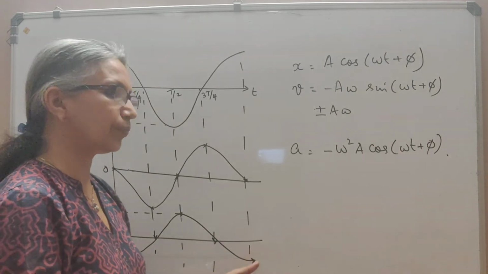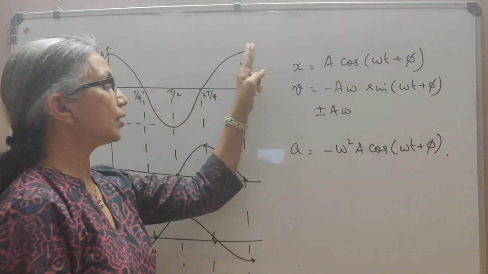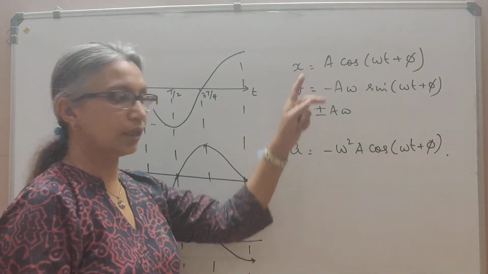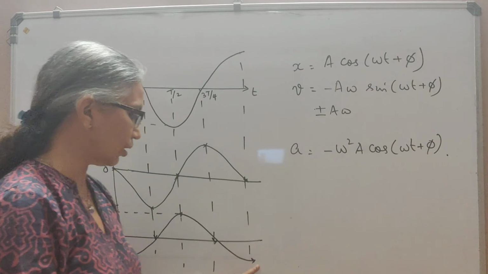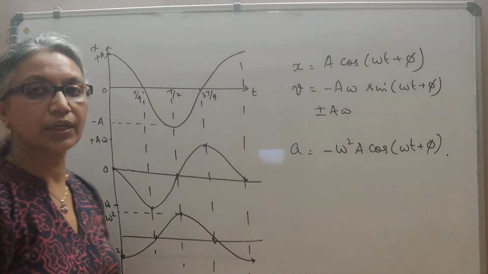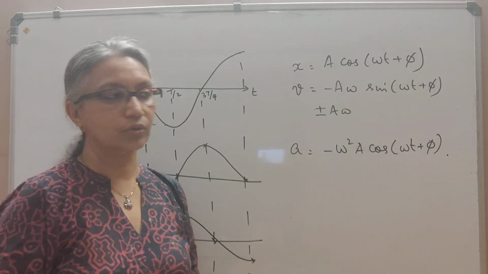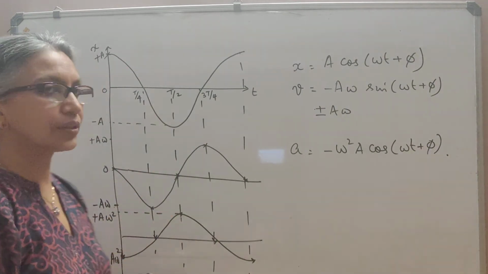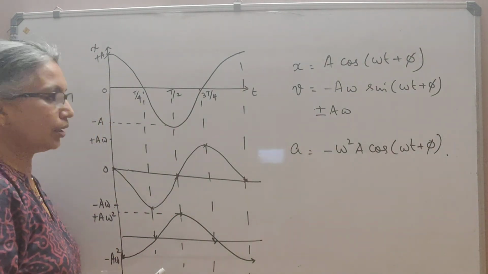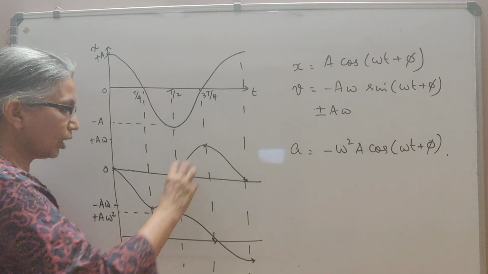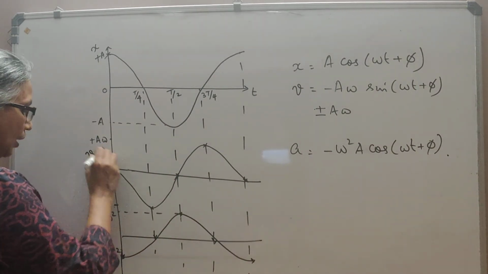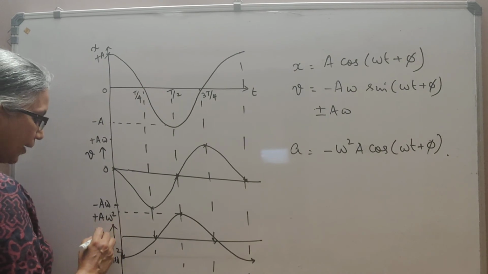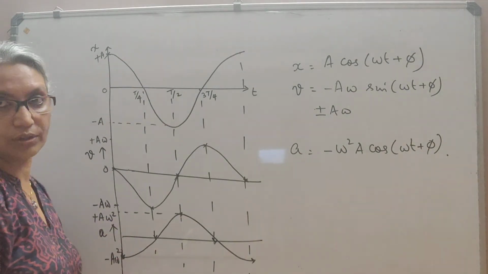And then at the complete time period T, when your particle is back at plus A, this takes again the maximum value but with the negative sign, so the acceleration is -Aω². So these are the graphs that represent the displacement, the velocity, and the acceleration of the simple harmonic oscillator.